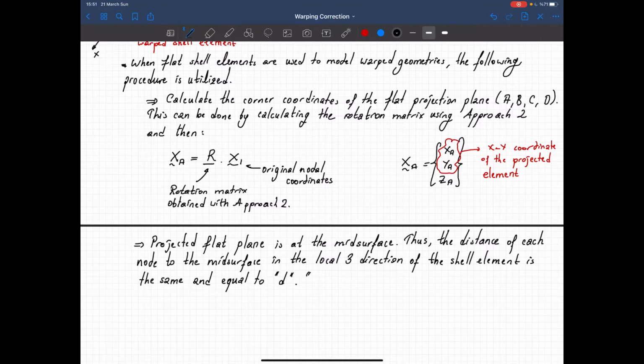And D can be calculated as D will be equal to (ZA plus ZC minus ZB minus ZD) divided by 4.